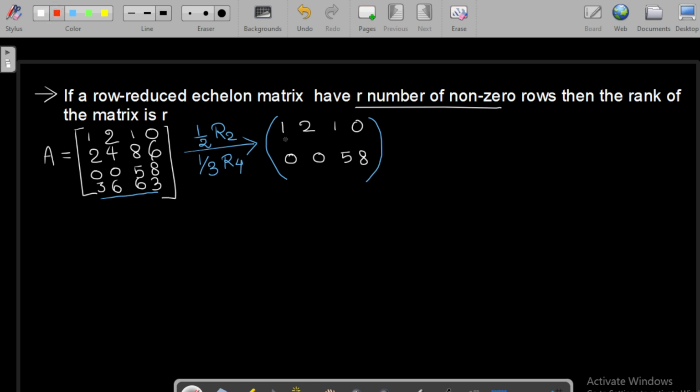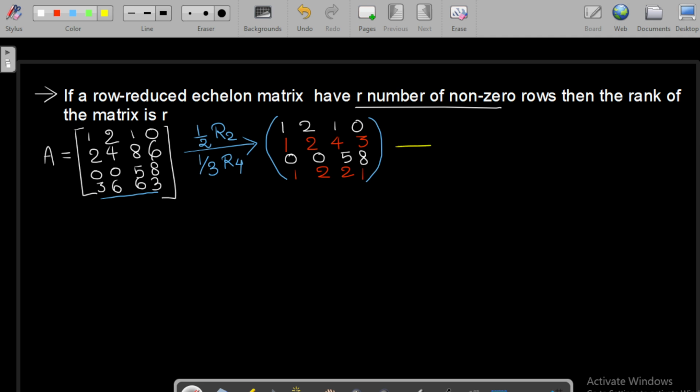The second row becomes 1 2 4 3, and the fourth row, after dividing by 3, becomes 1 2 2 1. So this is the form, and I am going to give more row operations here.